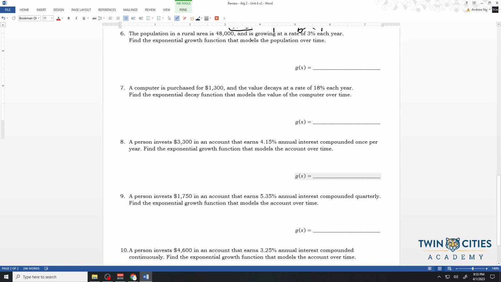Okay, so this is exponential growth. It even says growing. Find the exponential growth function that models the population over time. For this, I'll be using g of x equals a times (1 plus r) to the t, or you can say to the x.